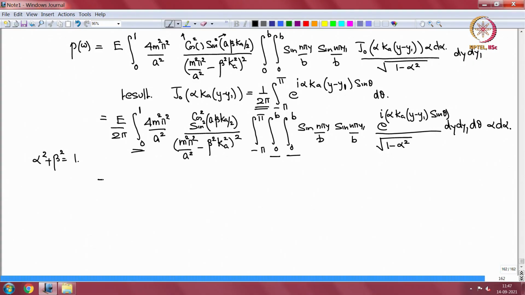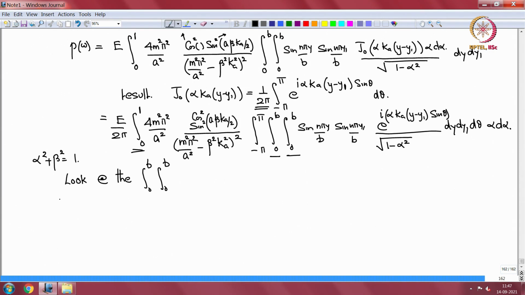Okay, and looking at the B integral, let's see that.